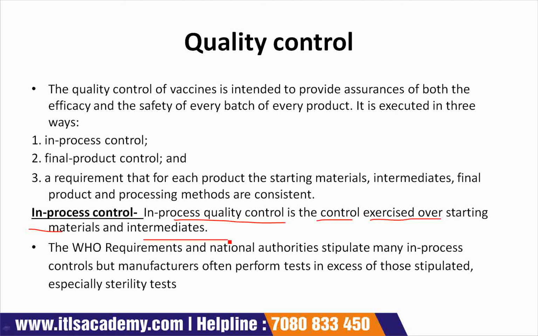Its importance stems from the opportunities that it provides for the examination of a product at the stages in its manufacture at which testing is more likely to provide the most meaningful information.